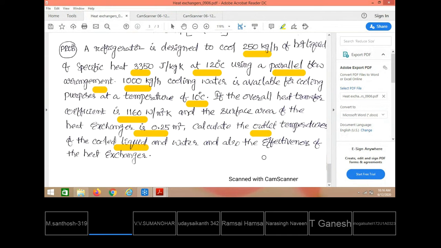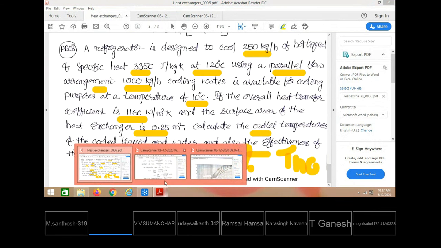They are also asking for the effectiveness of the heat exchanger, that is epsilon. Also Tc naught, the cold water outlet temperature, and Th naught, the oil outlet temperature. That we are working out.